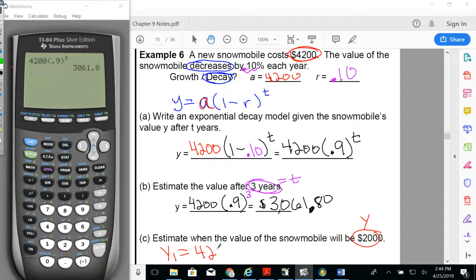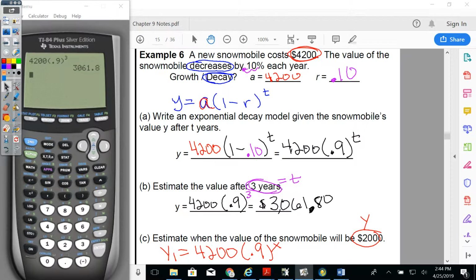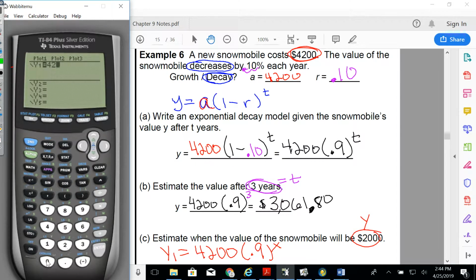So 4,200 times 0.9 to the x power is what we need to come over here and plug in. So y equals, clear that, 4,200 times 0.9 to the x, and we go look to see when it goes to 2,000.